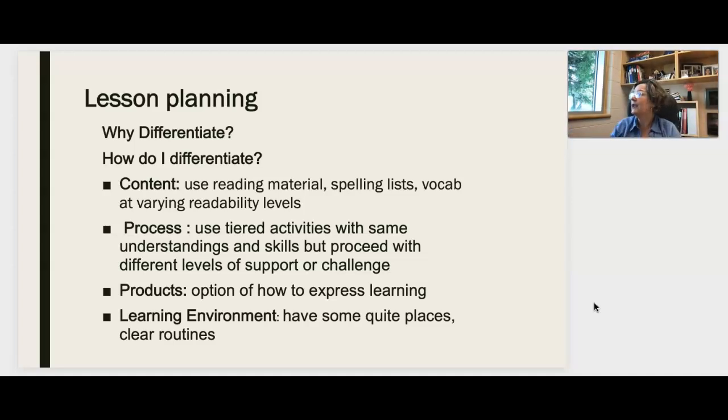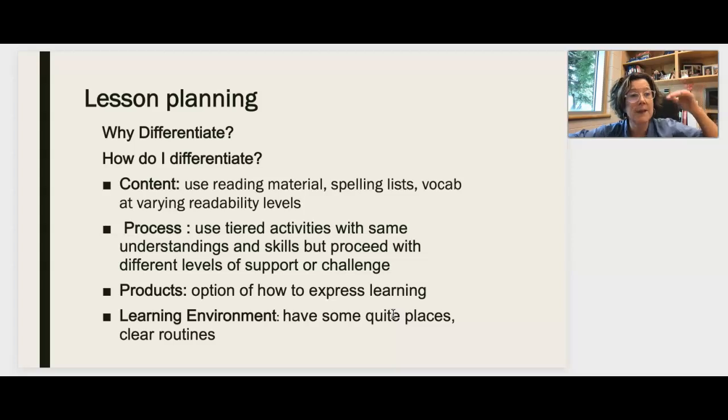Okay, and then learning environment. This is the way the classroom works and feels, right? So, oops, spelling mistake. You might have some quiet places, not quit places. You might need to have a class list of guidelines listed for everybody to see.